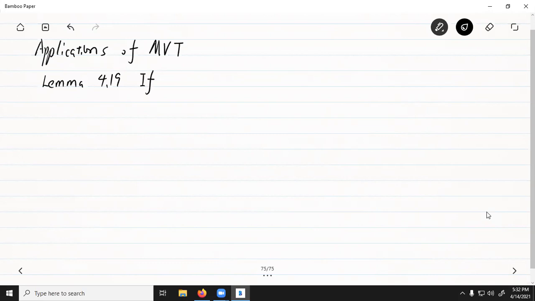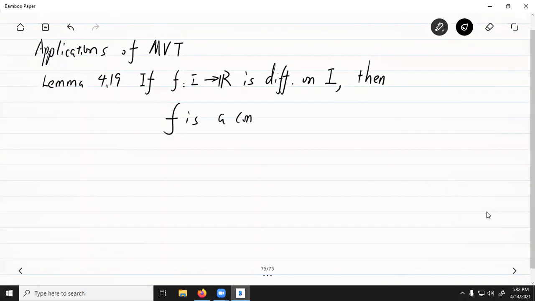If f, which is from I to R, is differentiable on I, then f is a constant if and only if f prime equals 0 for all x in I.